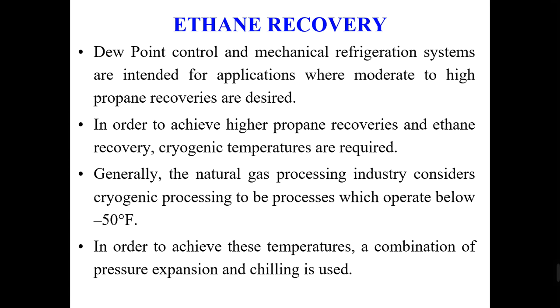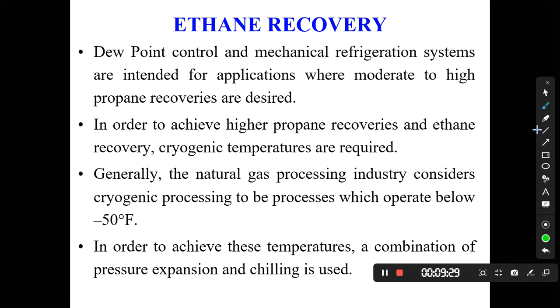Now, this is what we are talking about, the LTS and the straight refrigeration system. They are mostly related to propane plus recovery. Now, what if you want to recover a bit heavier gas, denser than methane, which is called ethane, and how can we remove it? What we said is that mechanical refrigeration and dew point control are mostly used for propane-based recoveries, high propane recoveries.